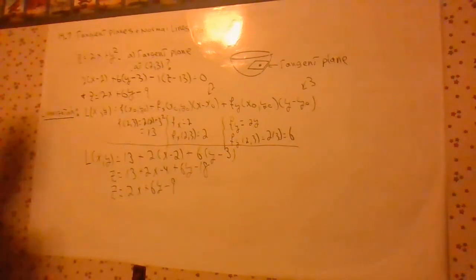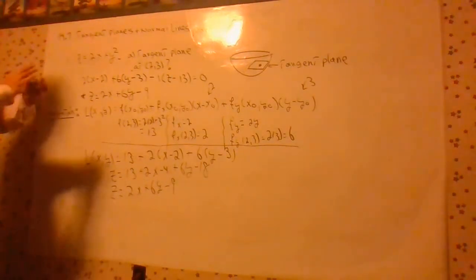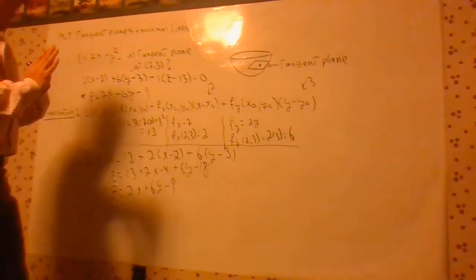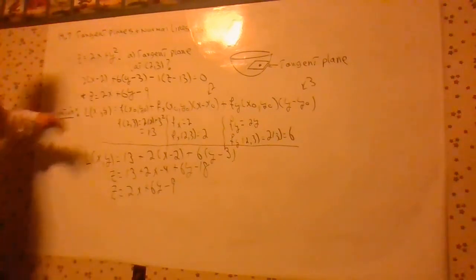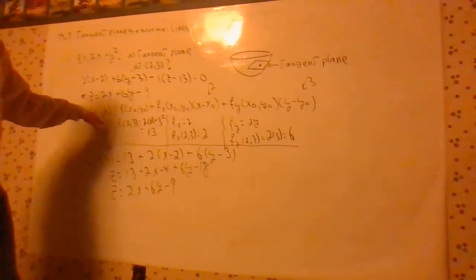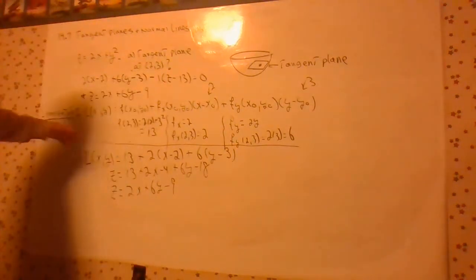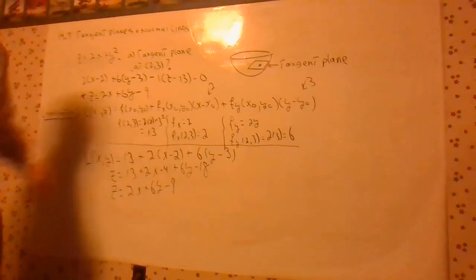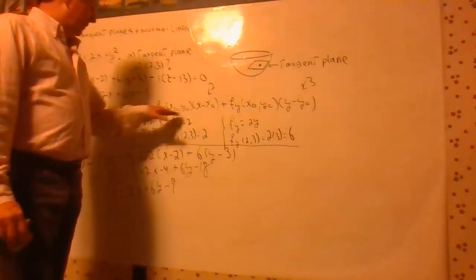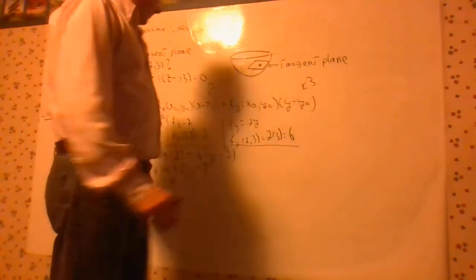In the differential section, we looked at a linearization formula. We took a curvy function possibly and replaced it with a local linear approximation. This is the formula we used. L of x, y equals an initial function value at x0, y0. This would give us a linearization at this point, plus the x partial times (x minus x0), plus the y partial times (y minus y0).